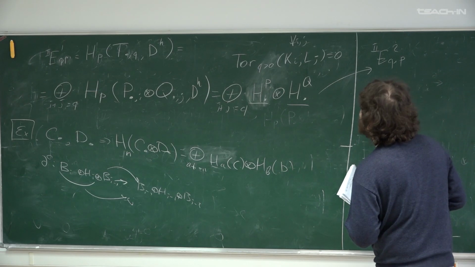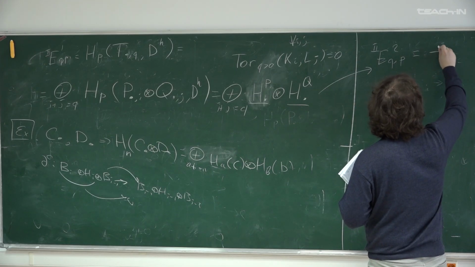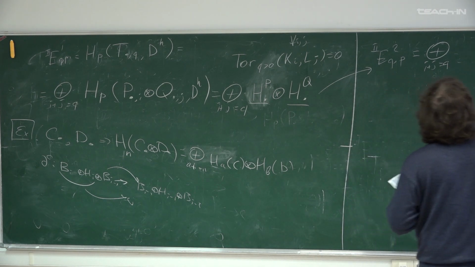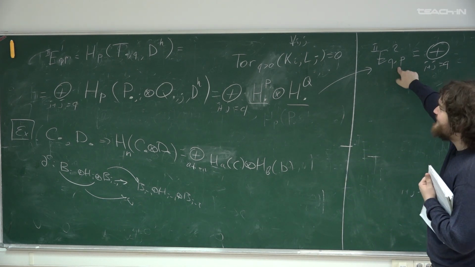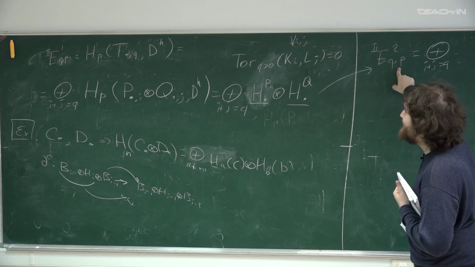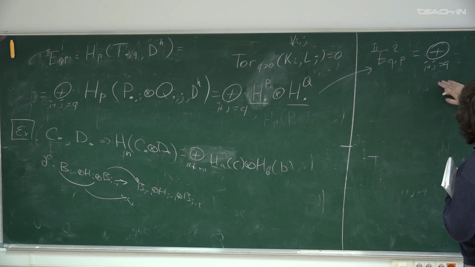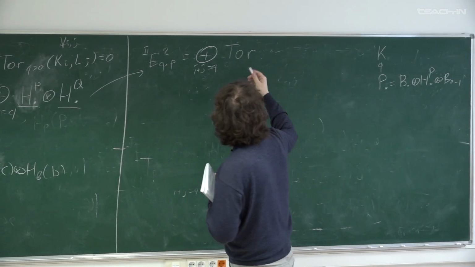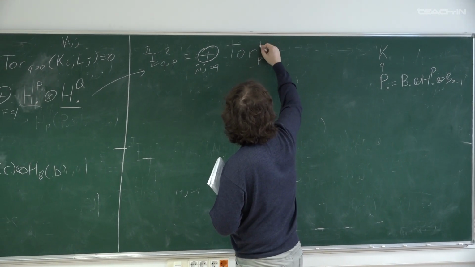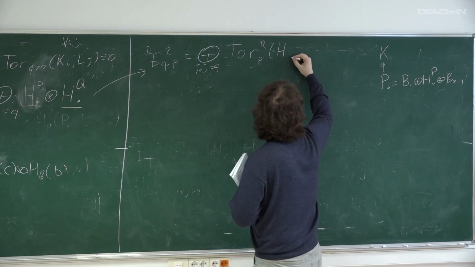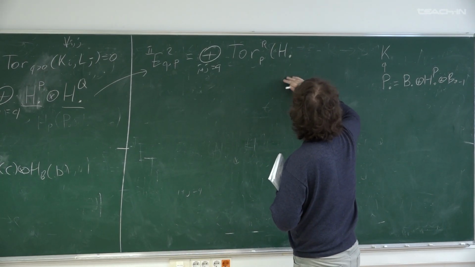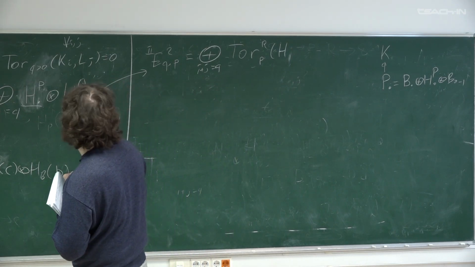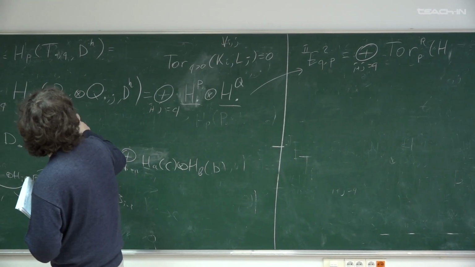It's something like Q. What is it? I'm not sure. It's Q, P, P, Q. Okay. But it's Tor between homologies. Sorry.